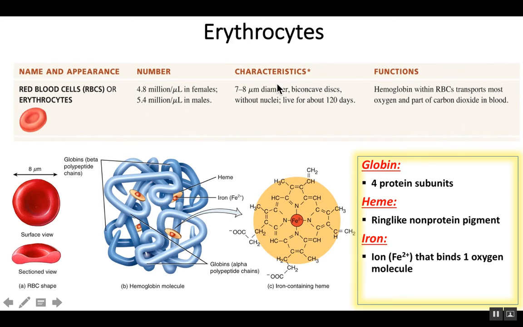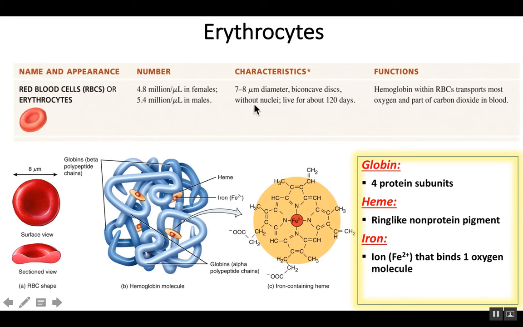They have certain characteristics. Obviously they are red because they have a pigment that reflects the red wavelength. They're about 7 to 8 microns or micrometers in diameter. That's fairly small in the world of cells. They have a certain shape, biconcave disc shape.